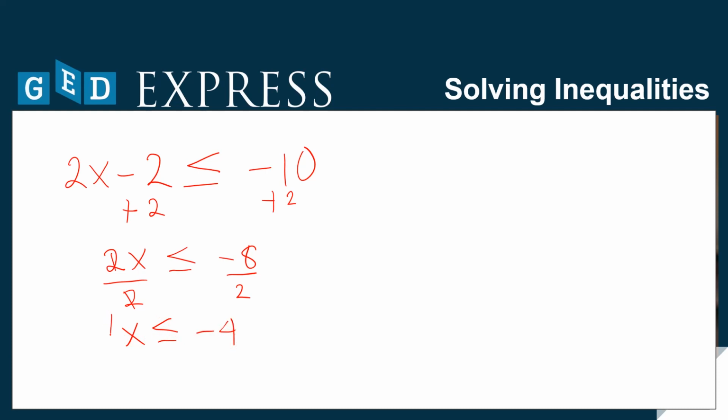Now, looking at the value of x, it doesn't show just one single solution. So we can show the whole solution by plotting it on a number line.